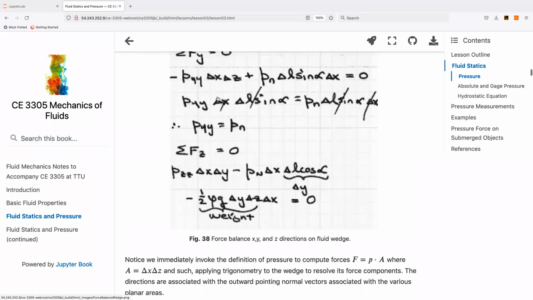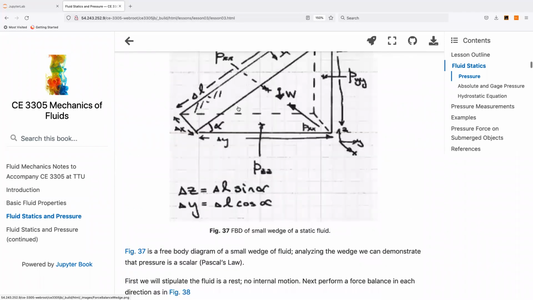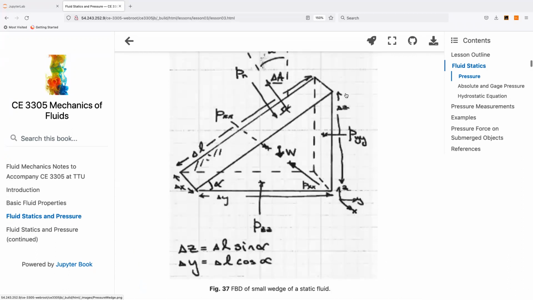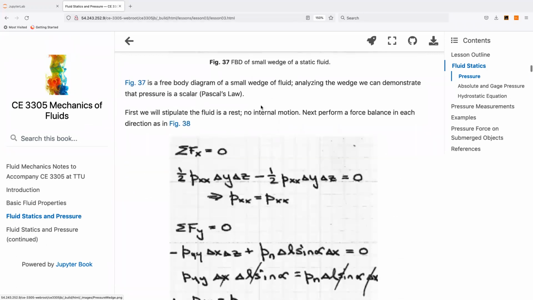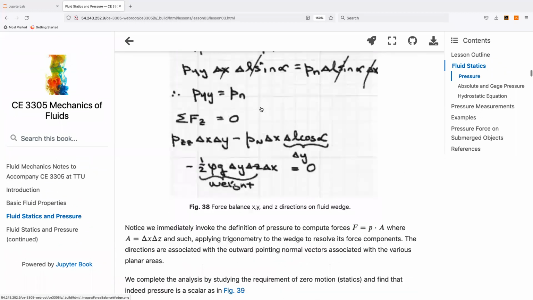And when we get done with the analysis and zero out everything that we can, we discover that pyy, the force in the y direction, pyy is this force here, is strangely equal to p sub n, the normal force. Now, the only way that can actually be true is that pressure has no vector quantity to it.